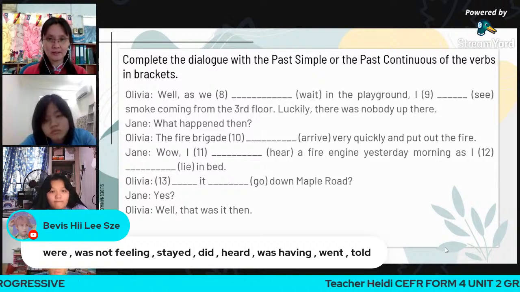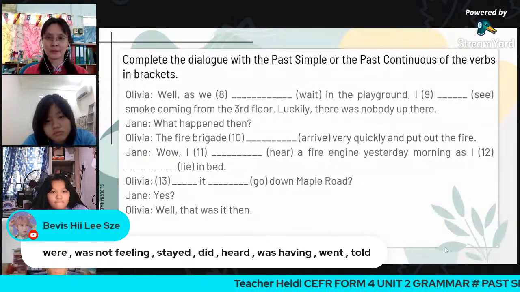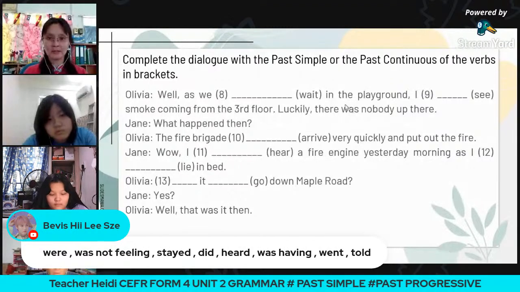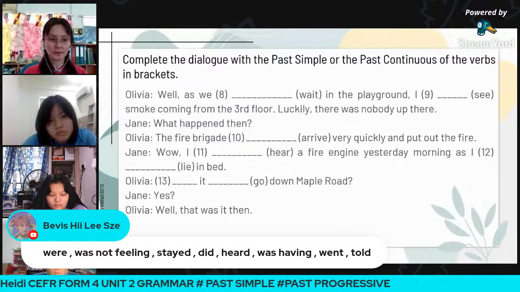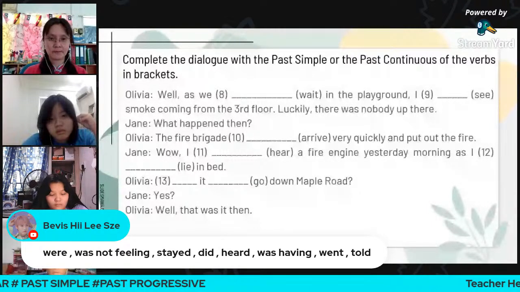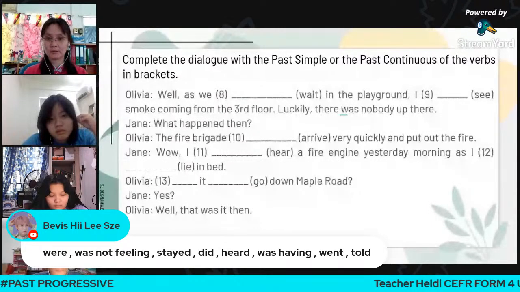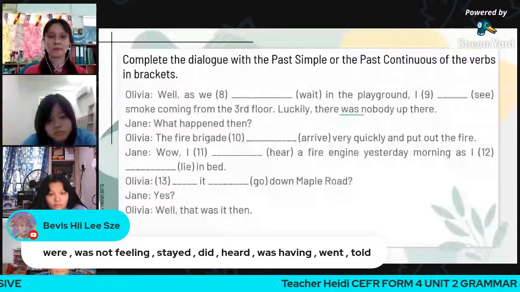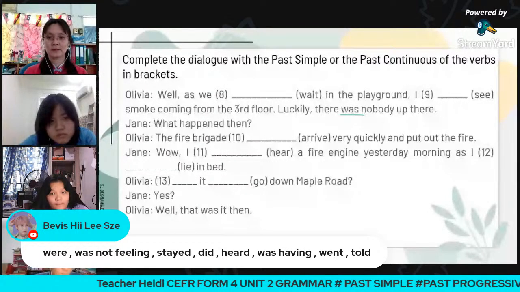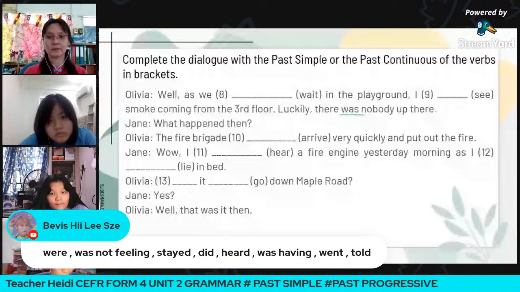As we were in the car playground, I was coming from the third floor, luckily there was nobody. What happened was that the fire brigade came and put out the fire.